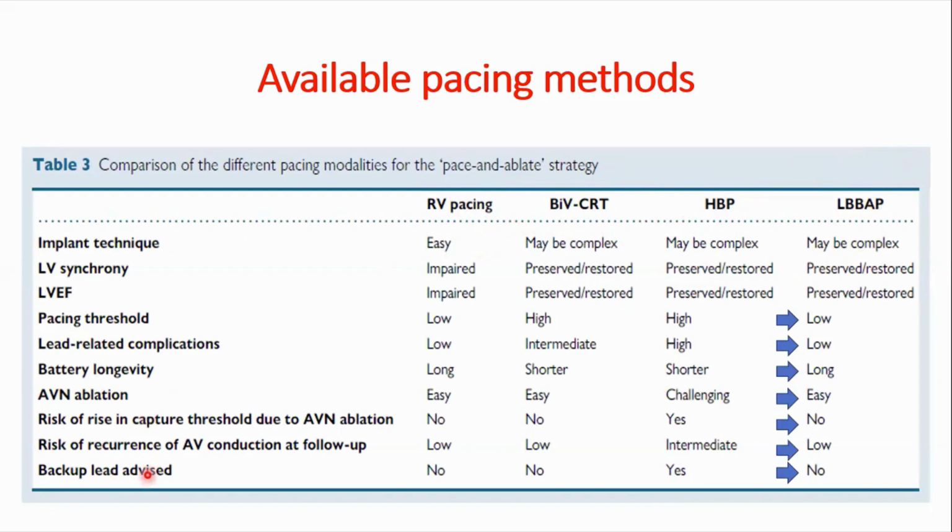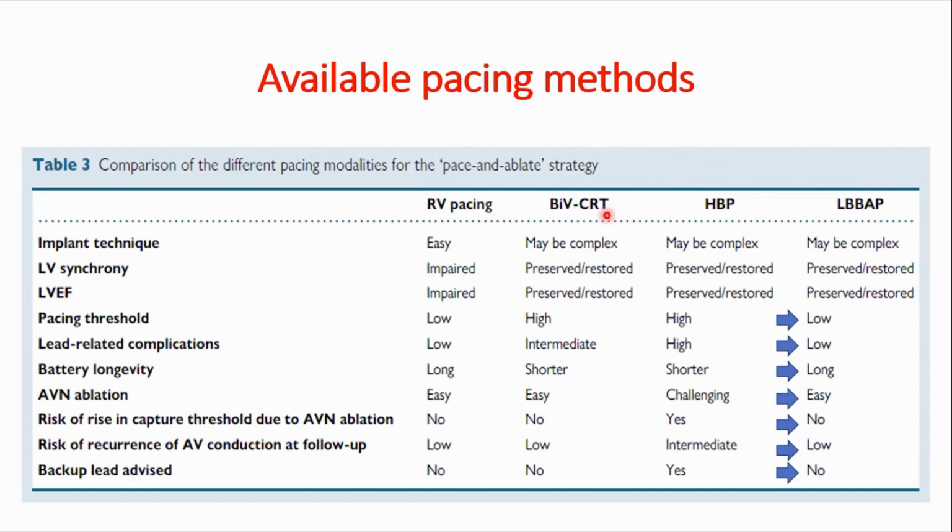And when you compare all of these four methods, the RV pacing is easy, but it's associated with impaired LV synchrony and impaired LV ejection fraction. Cardiac physiological pacing by all these methods actually preserves and restores the LV synchrony and hence can improve LV ejection fraction. But it may be more complex than a conventional RV pacing.